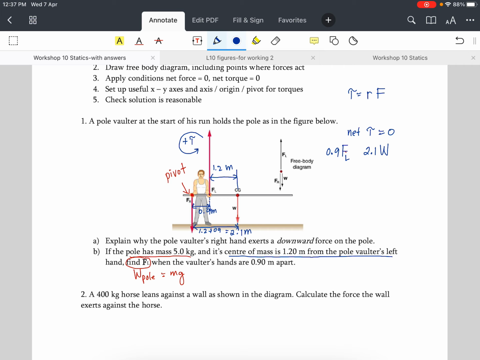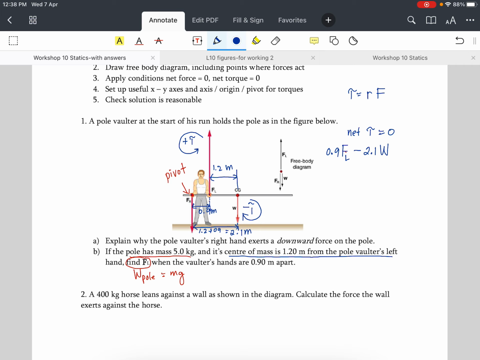The tendency of this weight force is to pull the pole in a clockwise direction. Okay. Pull the pole downwards, causing it to rotate in a clockwise direction relative to the pivot point. And we've said that a clockwise rotation gives us a negative torque. Therefore, the torque due to the weight force will be a negative 2.1 multiplied by the weight force.